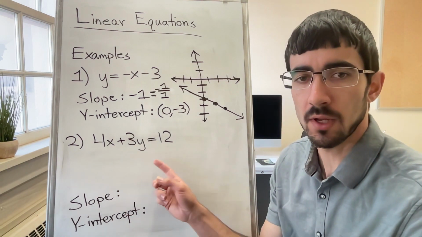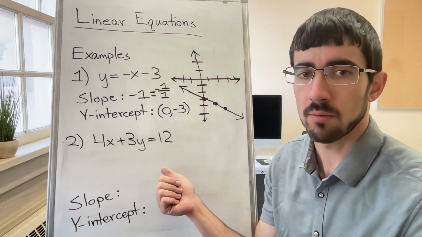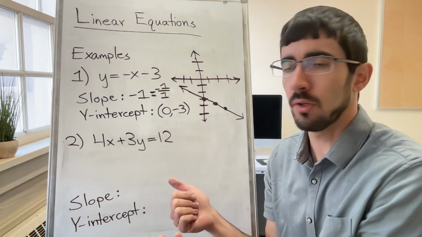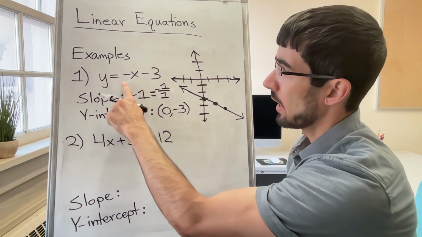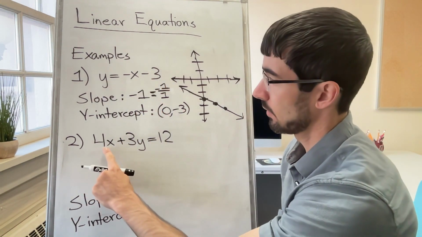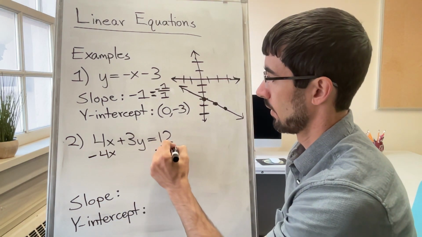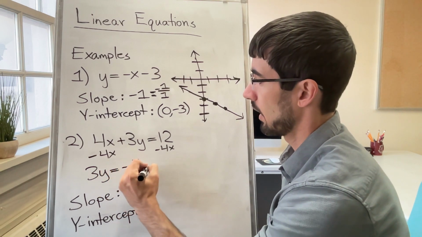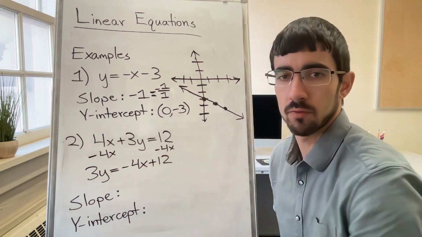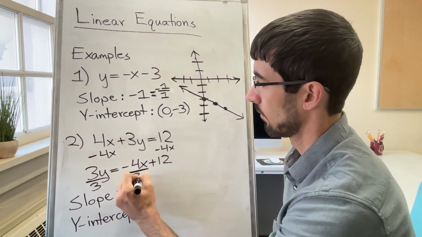Another example, 4x plus 3y equals 12. This is not in slope-intercept form, but we can rearrange it to put it in that form. Let's see how that looks. We want the form y equals mx plus b, right? So let's subtract the 4x. And I'm going to write 3y equals negative 4x plus 12. And then let's divide by 3.